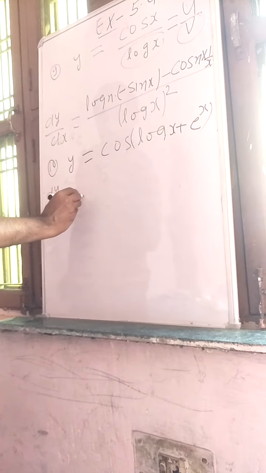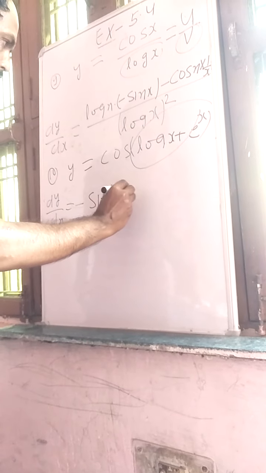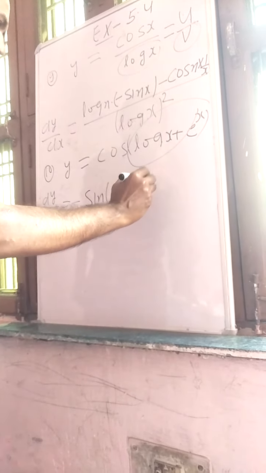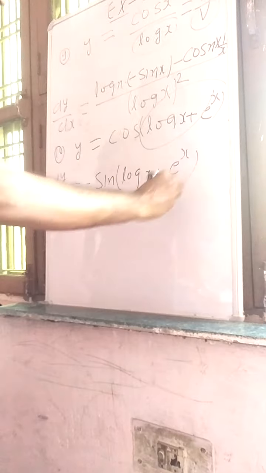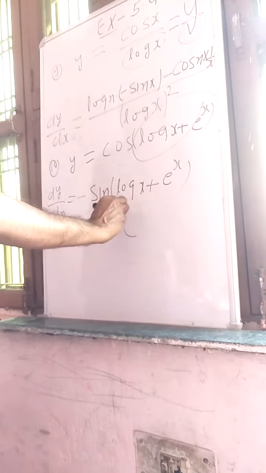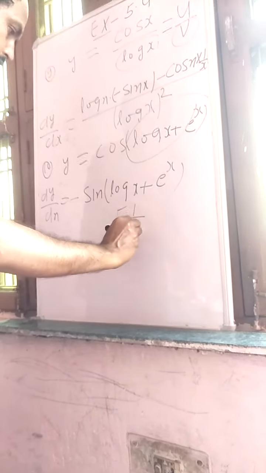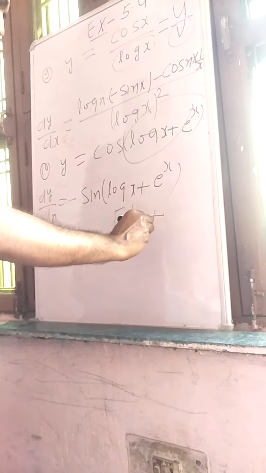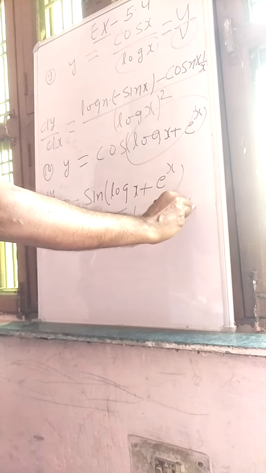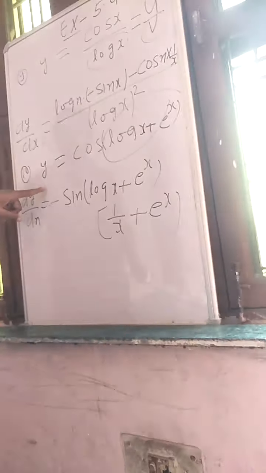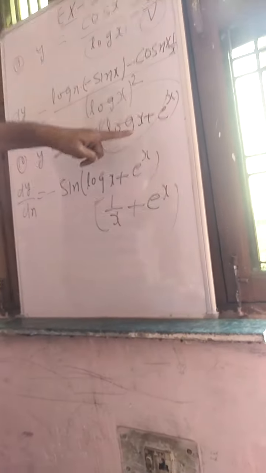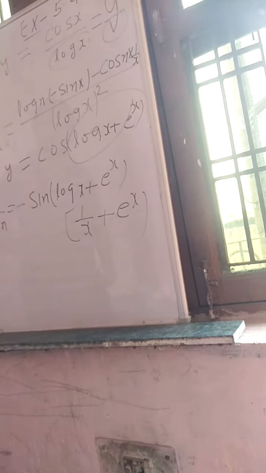Starting from here, cos gives a minus sign, and here is sin of log x plus e to the power x. Then small bracket, here log x derivative is 1/x, this is addition term, and e to the power x derivative is e to the power x. We have also explained y equal to cos log x plus e to the power x. So first of all we have to write, okay, this is complete.